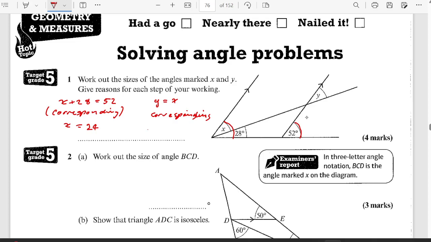Corresponding, so Y would also be equal to 24. Didn't spot that at first. At first I was thinking that I was going to have to work out the angle here using angles along a straight line, then the angle here, and then call it vertically opposite. I hadn't quite spotted initially that X and Y were equal.